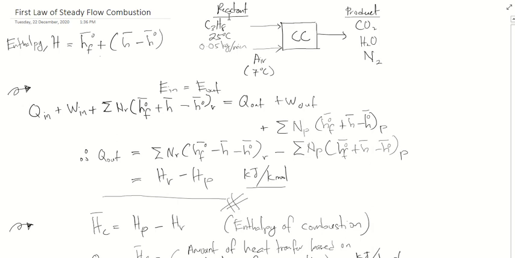Okay, in order for us to calculate, we need to have the temperatures of the reactants. For example, this one is 25 degrees C, the temperature of the fuel, and the temperature of the air, as well as the temperature of the product.